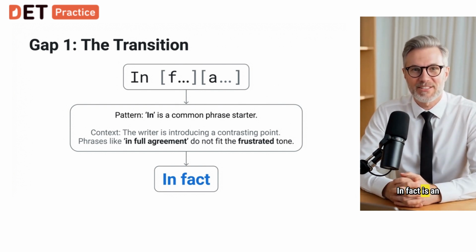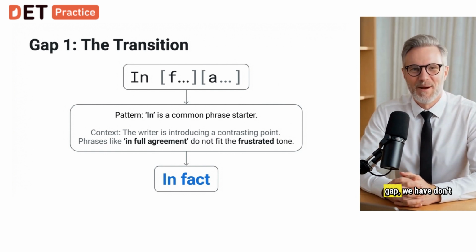In fact is an extremely common transition phrase in English. When we look at the context, the writer is making a strong statement about not understanding something, and this phrase functions to emphasize or introduce a contrasting or additional point. You might wonder why it couldn't be something like in full agreement or in fair assessment, but those don't fit the frustrated tone of the passage at all.